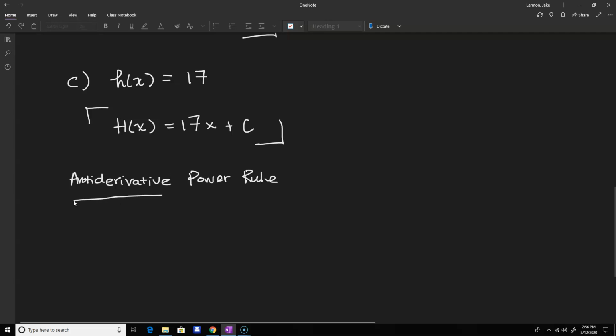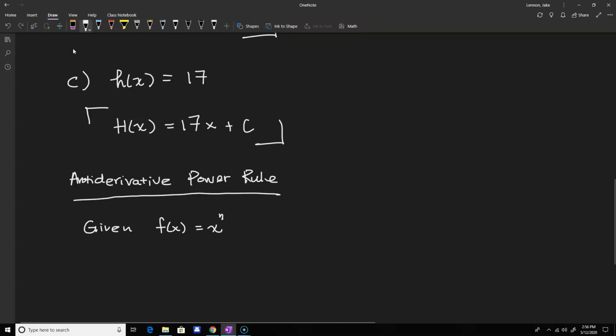Essentially, given f of x is equal to some function that looks like x to the n, we would want to find what is the general antiderivative of that expression x to the n look like.